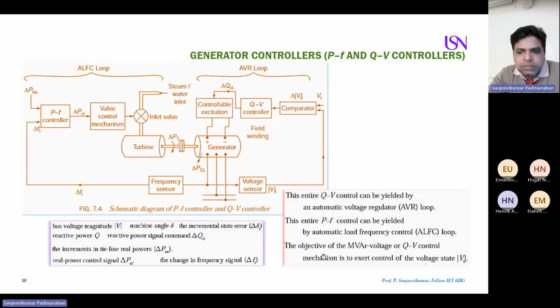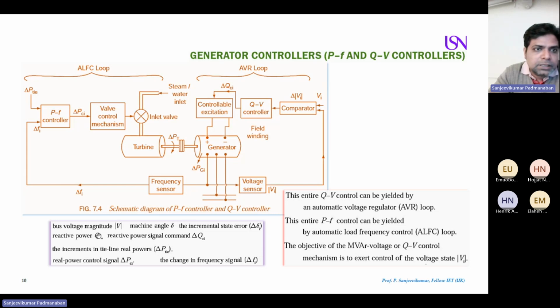What is the objective? The objective is to control the MVAR voltage, a constant reactive power mechanism of the voltage, and in QV control, the mechanism is to control the stable output voltage. So QV controls the stable output voltage, MVAR controls, of course, the reactive power compensation through maintaining the voltage at the maximum.